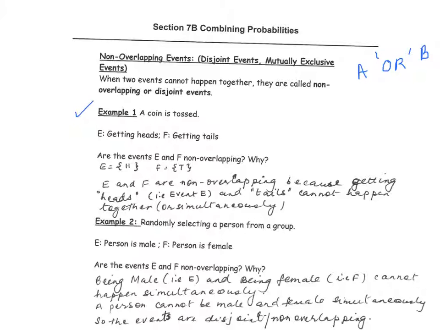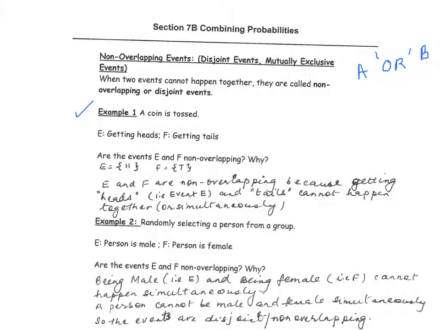Let's look at a simple example to understand the definition of disjoint events. Two events are disjoint if they cannot happen together. They are non-overlapping or disjoint.